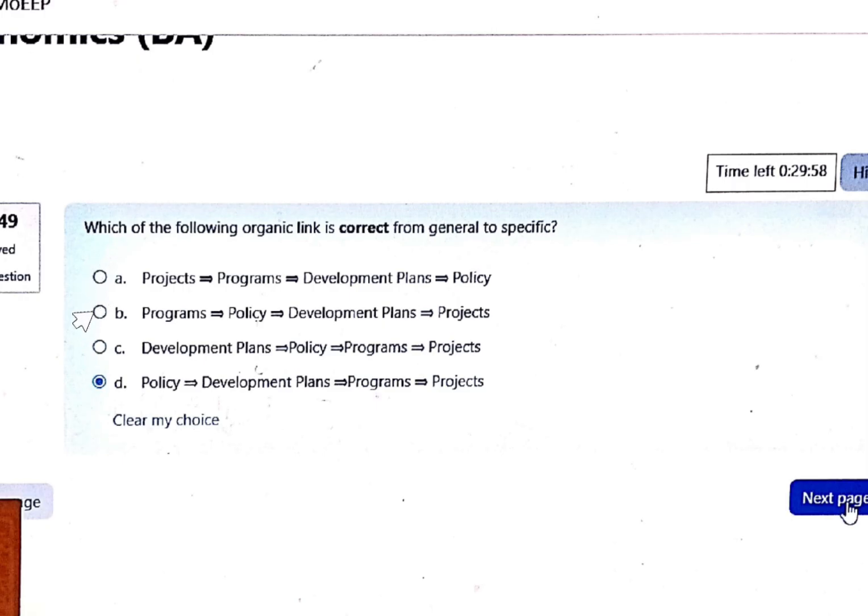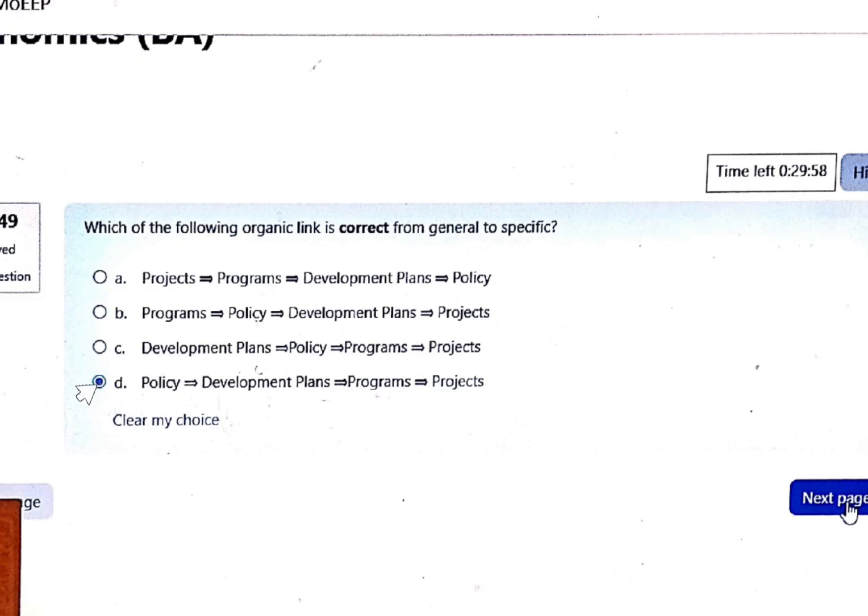This is also wrong because this sequence mixes levels incorrectly. C also, development plans, policy, program, and project. This is an incorrect order because policy should come first. So the final answer is D. Policy, development plans, program, and project.